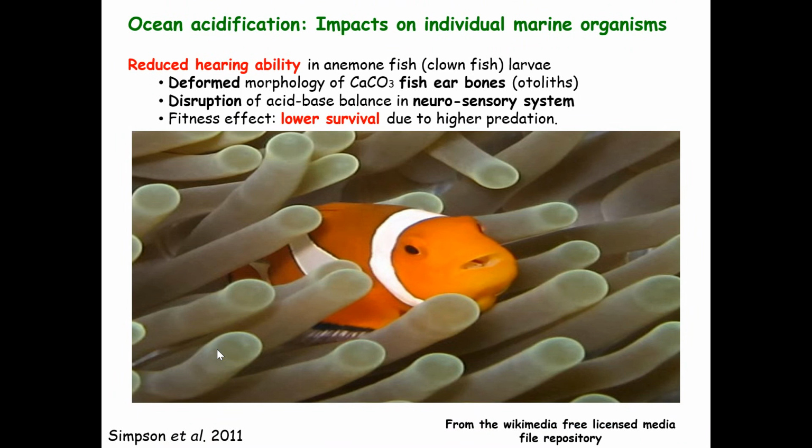What that does is it's going to affect the balance, and as it's called here, the neurosensory system of that clownfish, which means that clownfish will not be able to communicate with one another. They won't be able to sense dangerous predators, and they are going to have a lower survival rate because they don't have the ability to sense those predators.